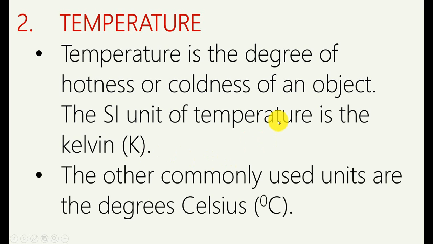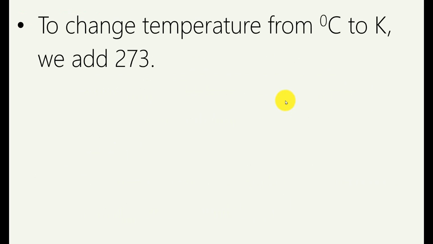The other commonly used units when we're dealing with temperatures are degrees Celsius. We can easily convert from Kelvin to degrees Celsius and vice versa. If you want to change from degrees Celsius to Kelvin, you add 273.